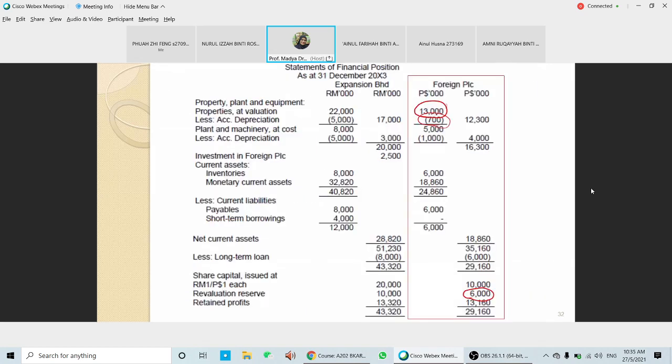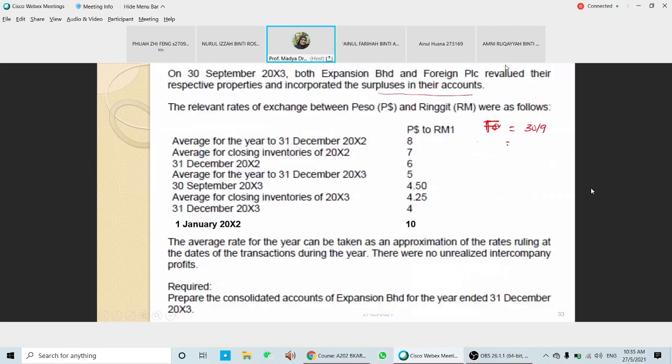That 13 already includes the revaluation amount of 6, which means the original cost here is 7. So this is the original cost of the asset. The beginning balance of this asset is 7, because we have a revaluation surplus of 6.